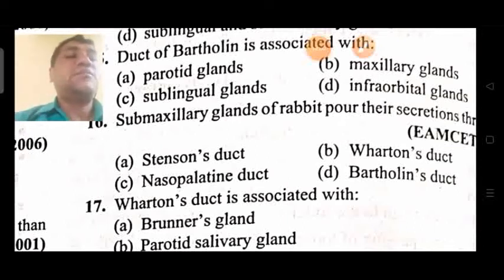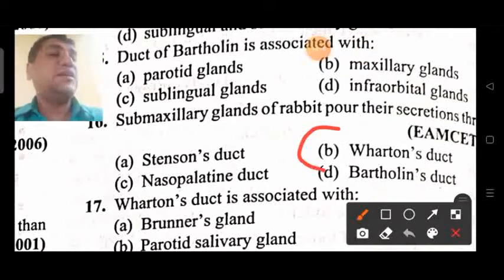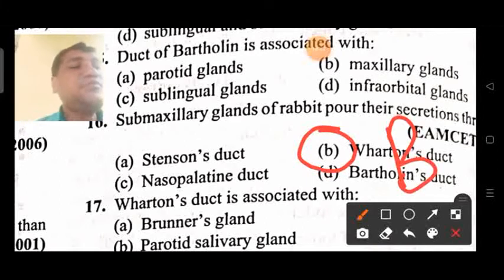Bartholin duct is already the sublingual. The nasopalatine duct goes from the nasal cavity to the palate. Stenson duct is concerned with the parotid gland. So the Wharton duct is associated with the secretions of the submaxillary gland. Option B.